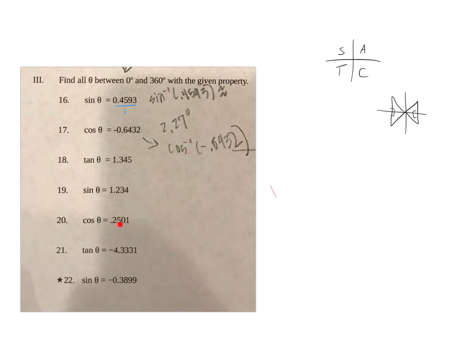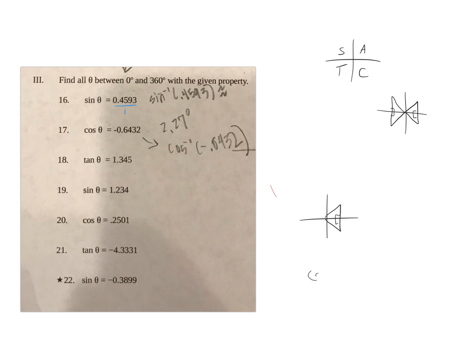This should work because the cosine of an angle has to be between -1 and 1. Well, this is certainly within that range. So it's positive, and we know that cosine is positive here. We know that cosine is positive there. So let's go ahead and draw those triangles.